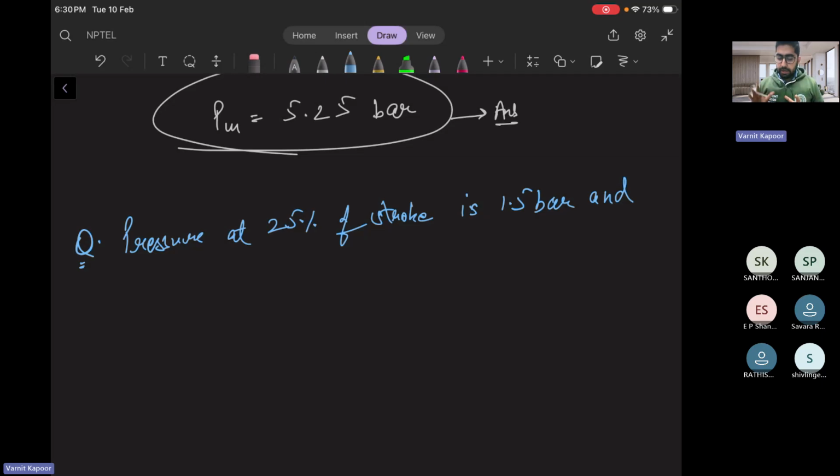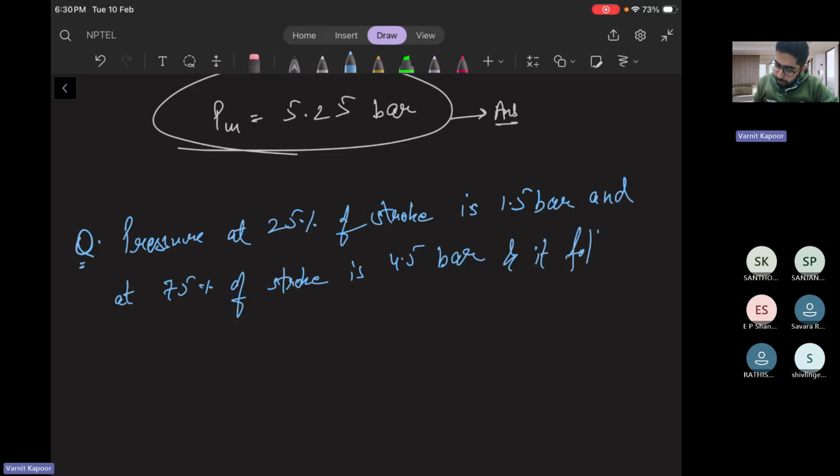I was saying, pressure at 25% of stroke is 1.5 bar, and at 75% of stroke is 4.5 bar. And it follows the law PV to the power of 1.3 is equal to constant.